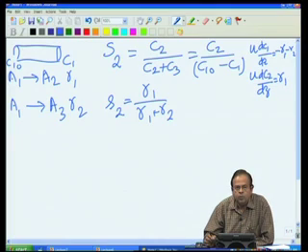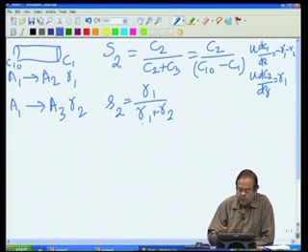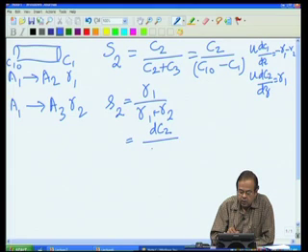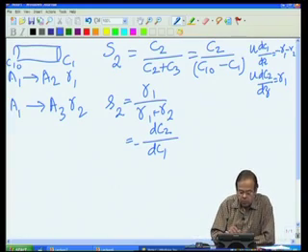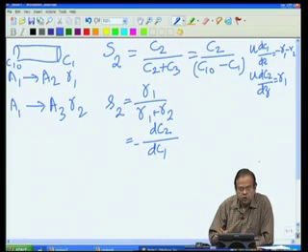Then this point selectivity, R1 by R1 plus R2, is nothing but dC2 by minus dC1, which is S2.